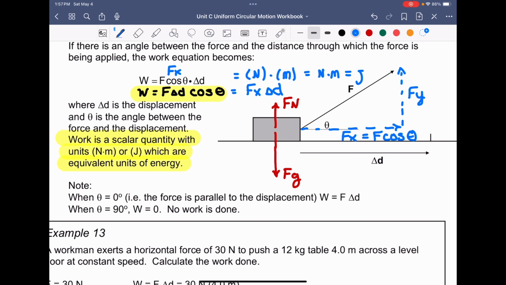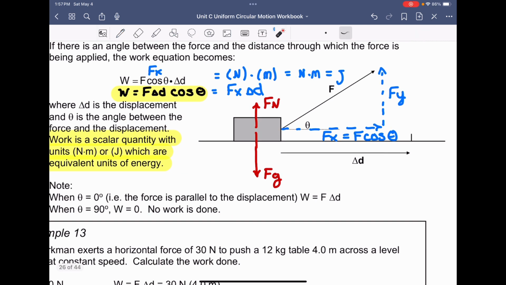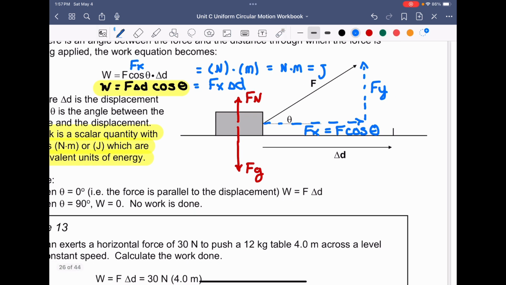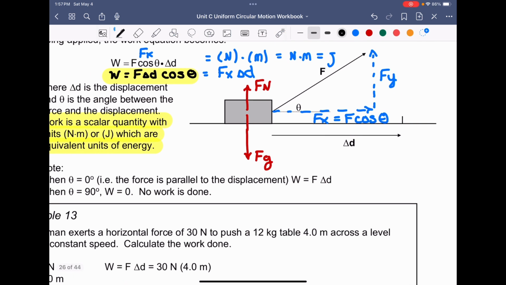Now, the other things that they have as a note at the bottom here: when theta is equal to 0, aka when the force is being pulled directly horizontal, we know that the cos of 0 would be equal to 1. I'm just going to write this out off to the side here. When they write that for that first note, theta equals 0, again, we're pulling directly horizontal with the force, meaning the theta is 0.